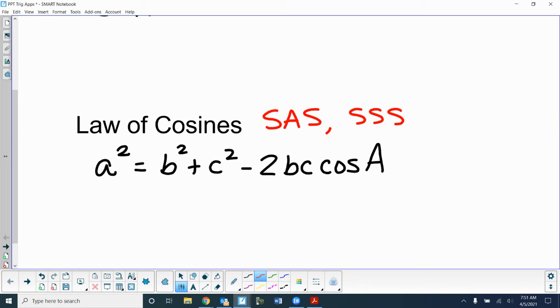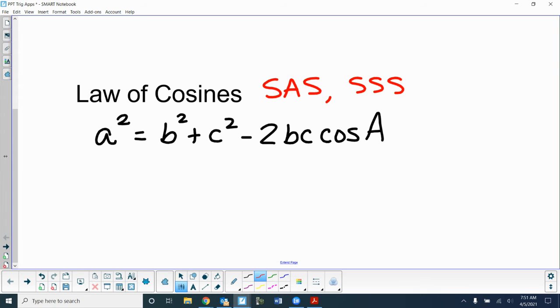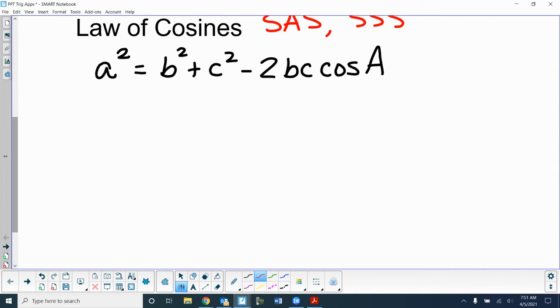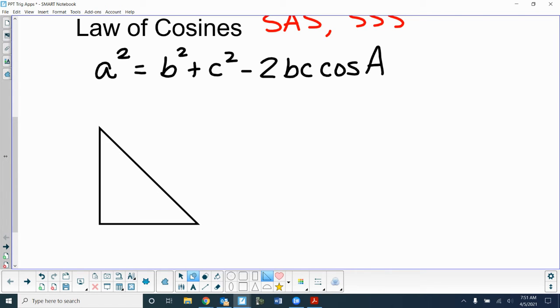And just to quickly go over, if in your word problems you get a right triangle, let's see if I get a nice looking one here. So we got this right triangle, with our right angle here.